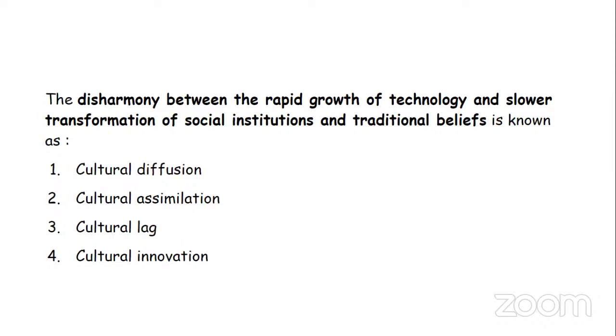The development or transformation of social institutions and traditional beliefs lags behind. So what is the term we use to refer to this phenomenon? The options are cultural diffusion, cultural assimilation, cultural lag, or cultural innovation. It's a very simple question, okay? Please answer it in the comments if you know the answer.